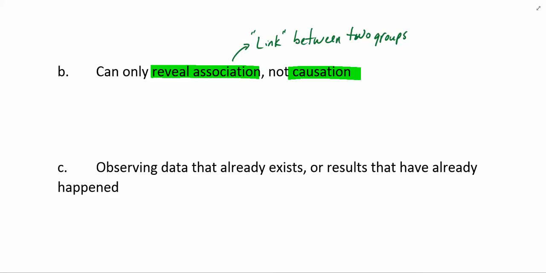So for example, we might say that from an observational study, the number of baseball games being played greatly decreases when the pond next to my house is frozen.